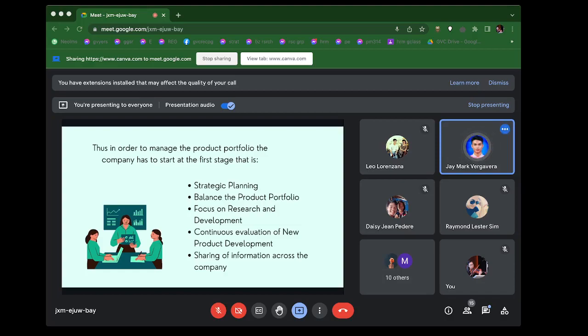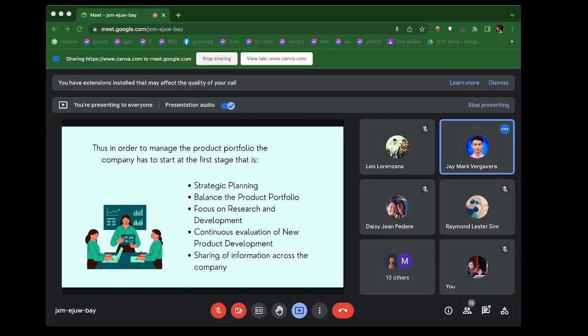Second is to balance the product portfolio. At this stage, the company will be evaluating and developing new products, and each product has a different need of time and money for development.